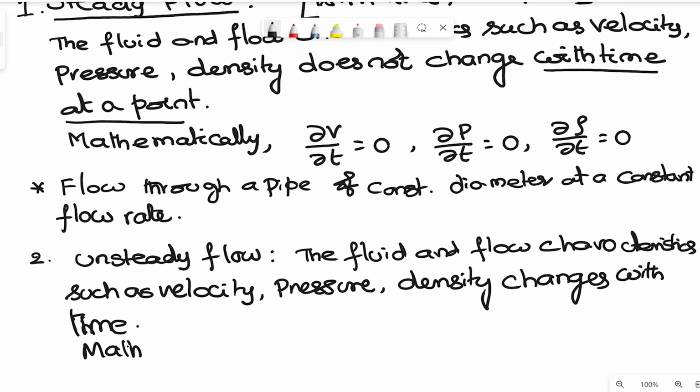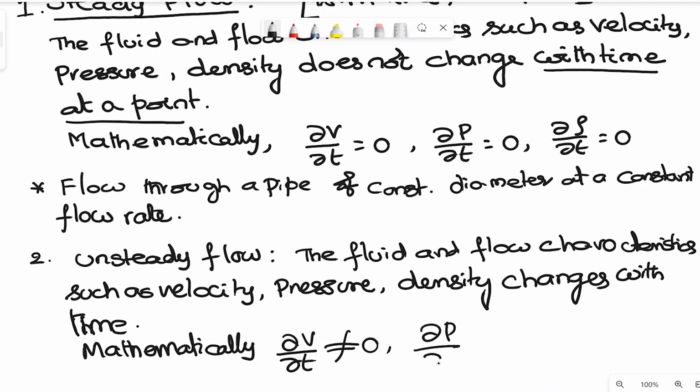Mathematically, dou v by dou t is not equal to 0, dou p by dou t is not equal to 0, dou rho by dou t is not equal to 0.